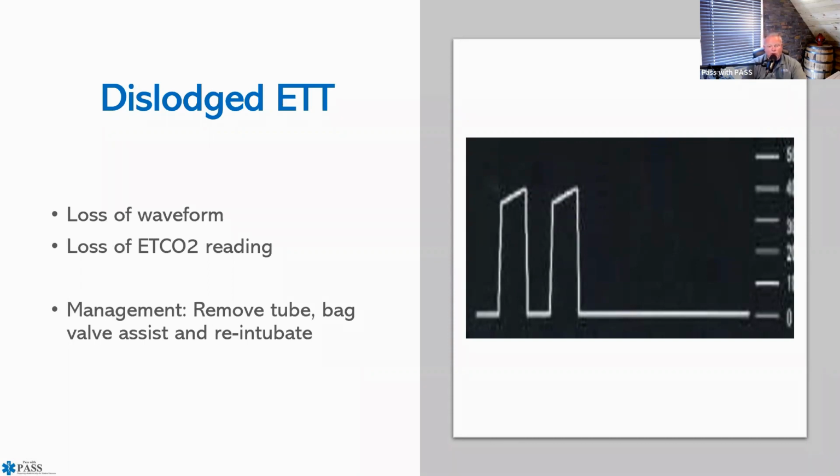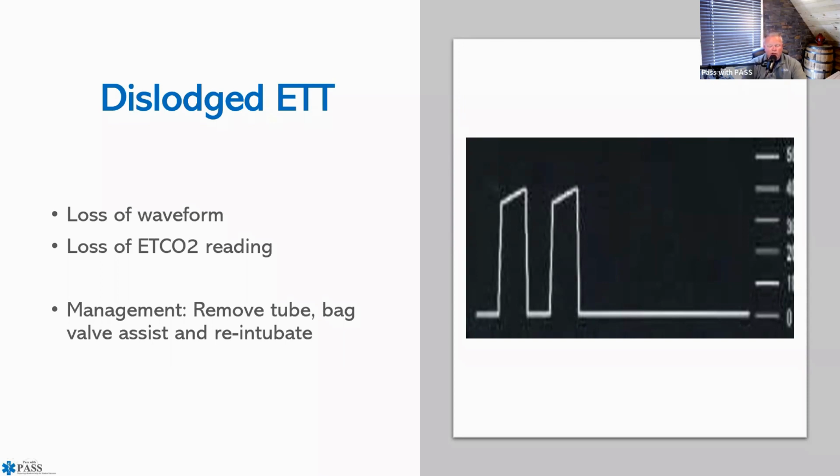Either the patient was intubated and the tube has been dislodged, or the patient is intubated and is being bag valve assisted, and whoever is supposed to be bagging the patient is not doing their job. At any rate, we need to do a timeout, look, and troubleshoot what is going on with our patient. But anytime that you see this flat respiratory baseline, that is not a good thing with regards to capnography.